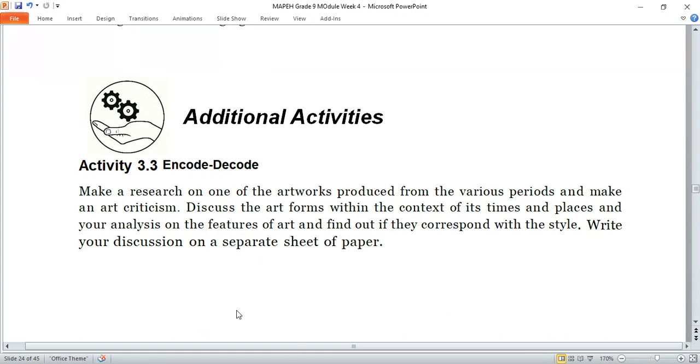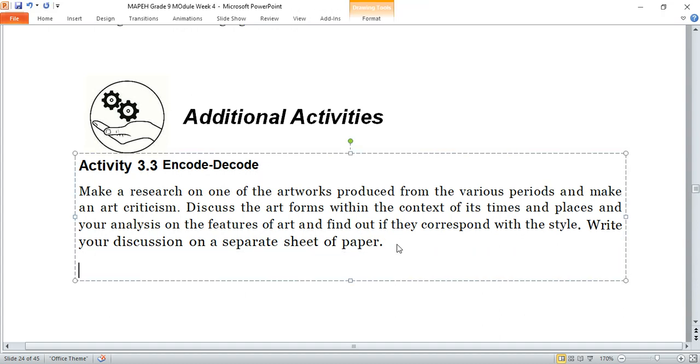Now you are going to research artworks produced from different periods, from prehistoric, then discuss the art forms within the context of its times and places and your analysis on the features of arts and find out if they correspond with the style. Write your discussion on a separate sheet of paper.